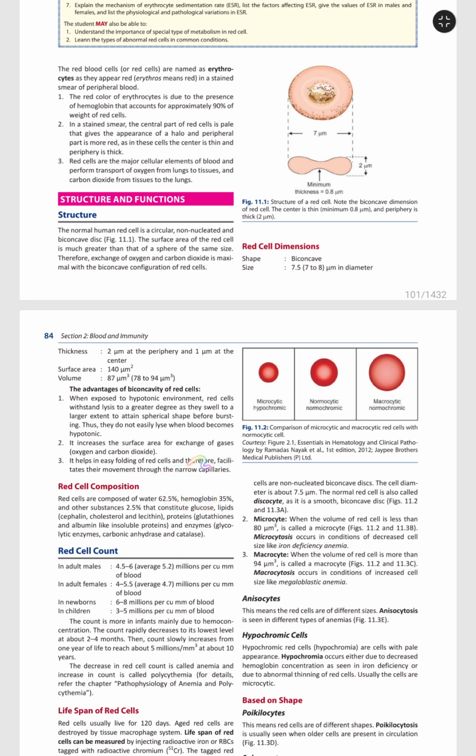Now red blood cell composition, we should know this. In males it is 5 to 6 million per cubic millimeter.